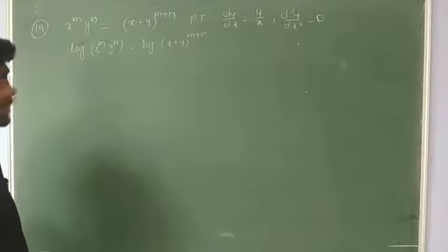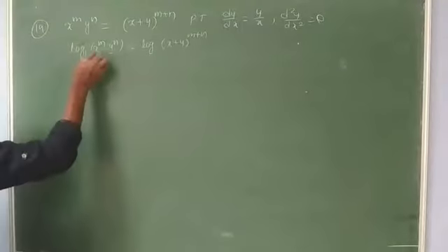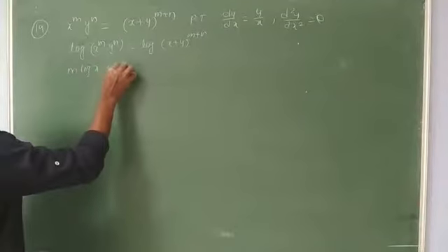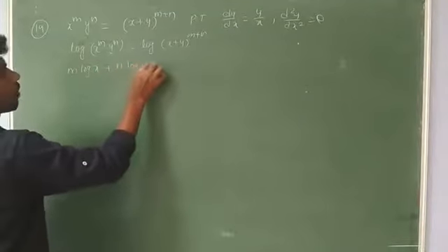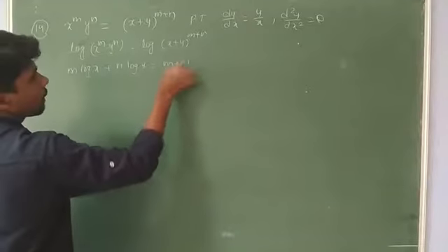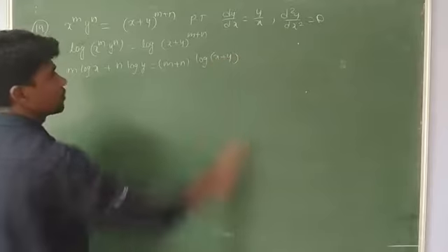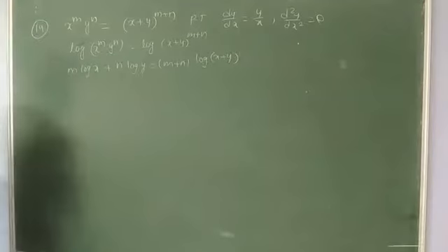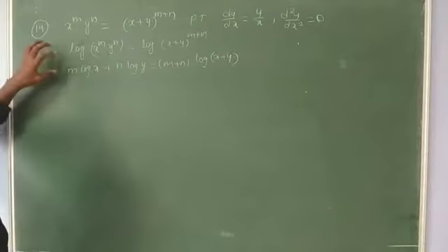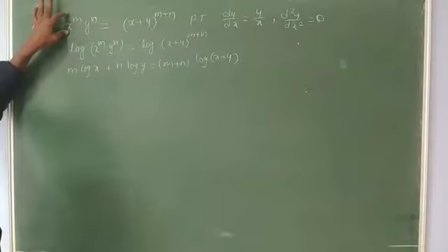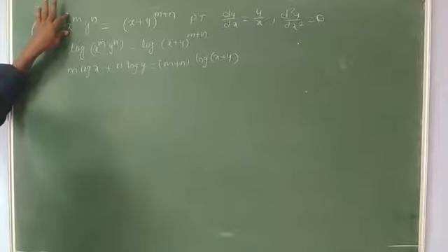Still if I simplify, I get m into log x plus n into log y equal to m plus n into log x plus y. Okay, so if you don't go for this one, you can apply here directly UV form, because it is not like a function to the power of function. We can get in that case also easily the answer, right?